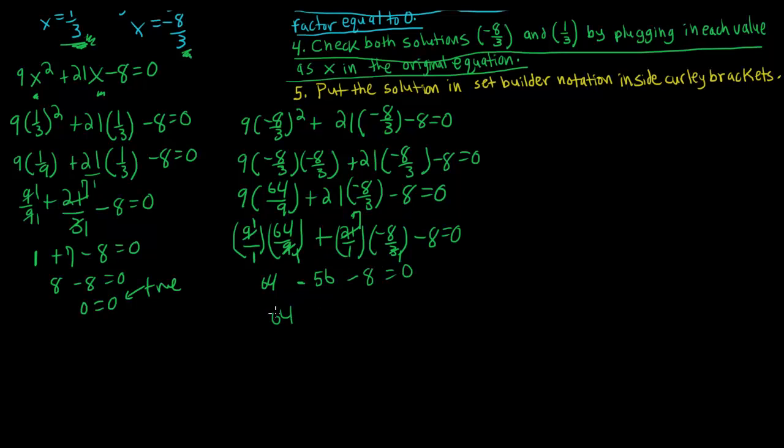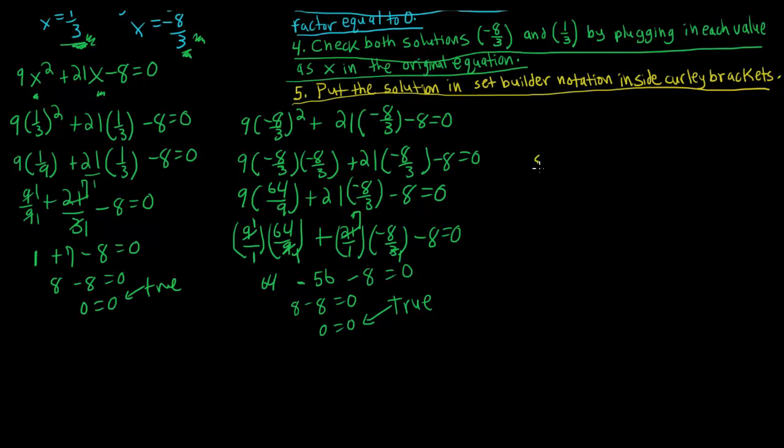64 minus 56 is just 8. Minus 8 equals 0. And then 0 equals 0. And this is also a true statement. So we know that in this case, negative 8/3 is also a solution. And then for step 5, we want to put the solution in set builder notation inside curly brackets.